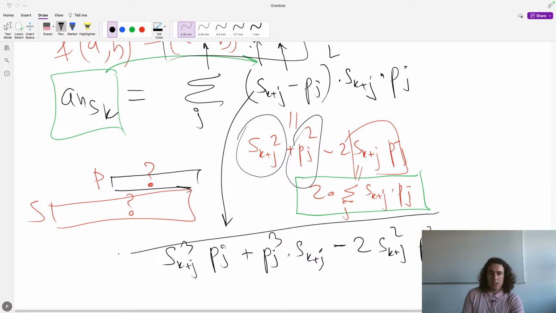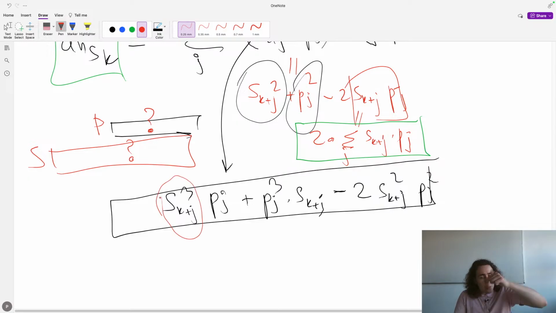And this is just 3 different convolutions. We take an array where we cube all the values of s and we convolve it with p. We take an array where we cube all the values of p and we convolve it with s. And we square the values on s and p and we convolve them together. So using just 3 convolutions, we can do our pattern matching in the general case.